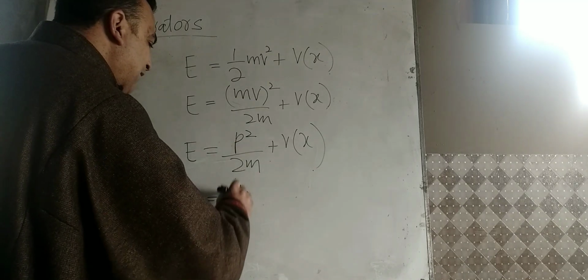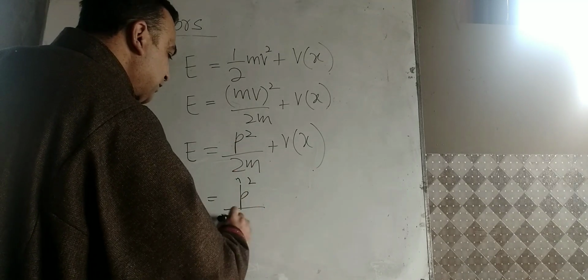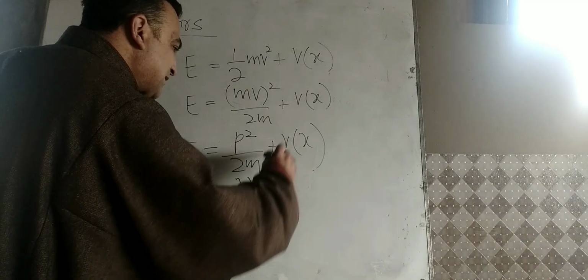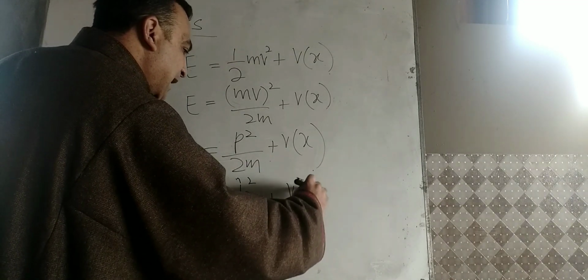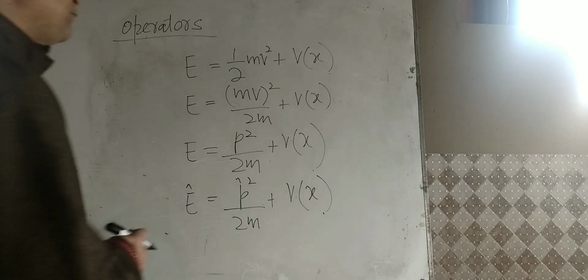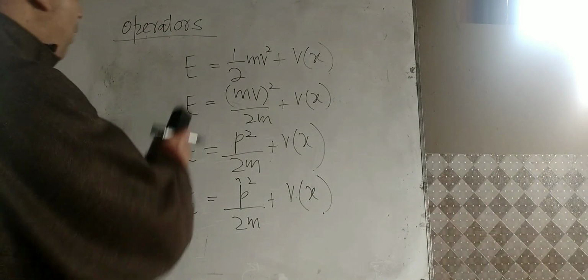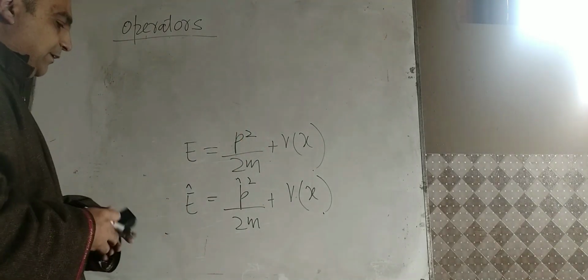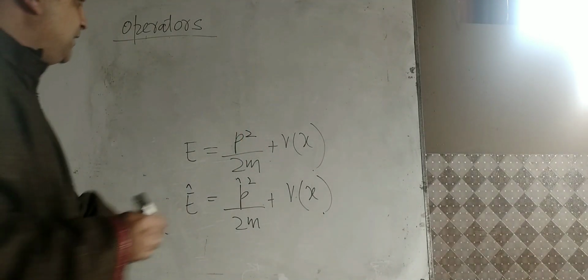For P I will use P cap square by 2m, plus for V it will remain as V of x. Now I can use the energy operator here. What is the energy operator?